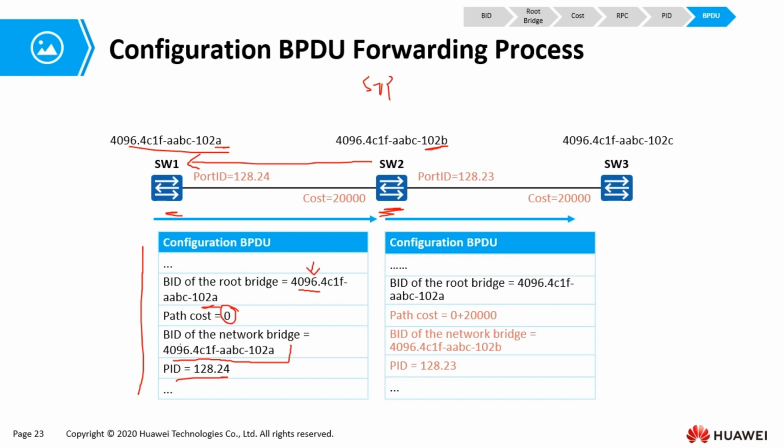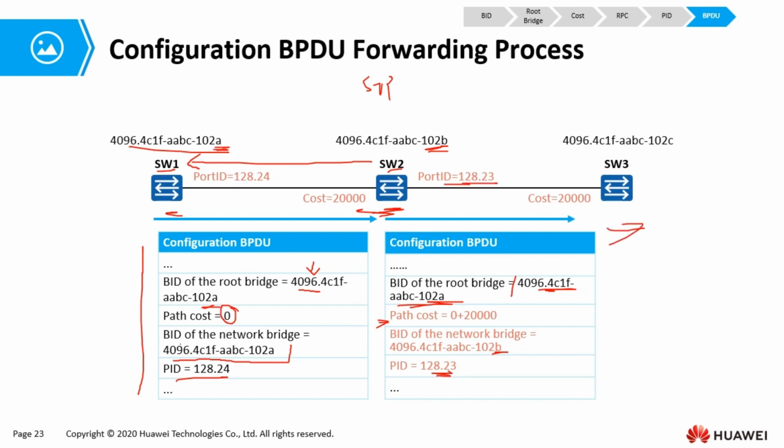Likewise, when switch 2 receives switch A's configuration BPDU, it compares, and because B is larger than A, the smaller one becomes the root bridge. So switch 2 puts the root bridge ID as A, and adds its path cost of 20,000, then puts its own bridge ID and the port ID.